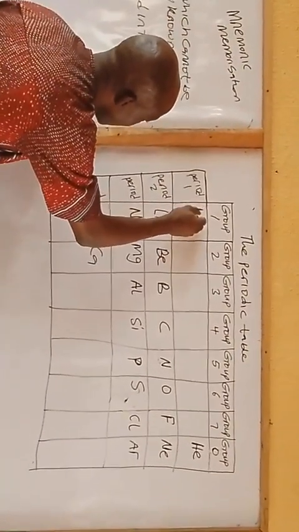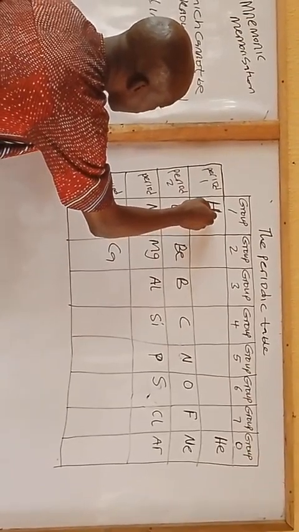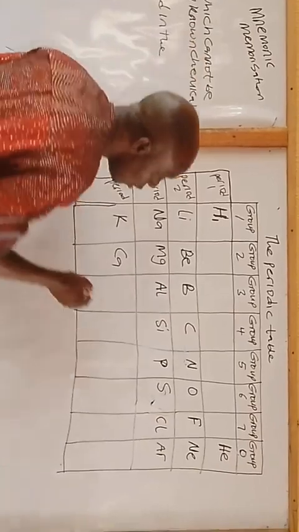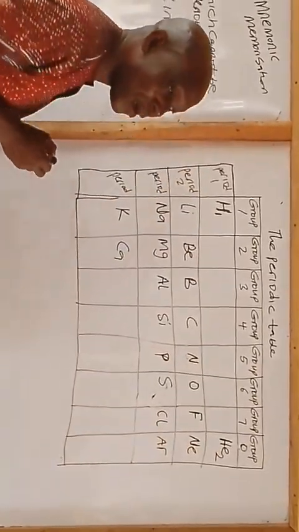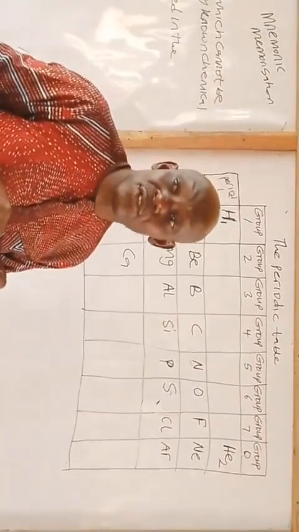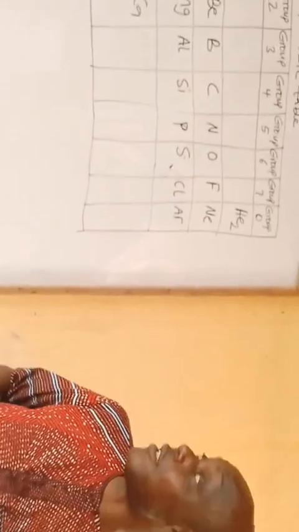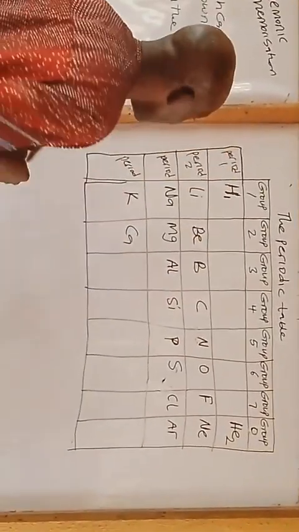Hydrogen, which is the first element, has atomic number of 1. Helium has atomic number of 2. The atomic number is usually seen as a subscript below, while the mass number is written as a superscript. But for the purpose of today's class, we are more interested in the atomic number.